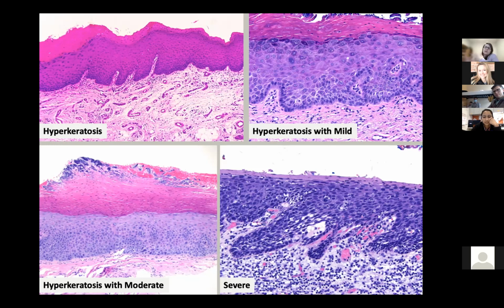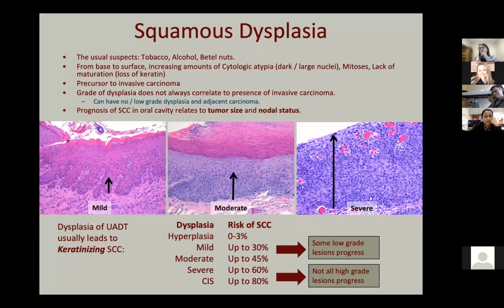So severe dysplasia, carcinoma in situ are relatively synonymous as such. So, the thing with squamous dysplasias is that we try to grade them in this fashion, but unfortunately, anything from hyperplasia to mild dysplasia can progress to squamous cell carcinoma.